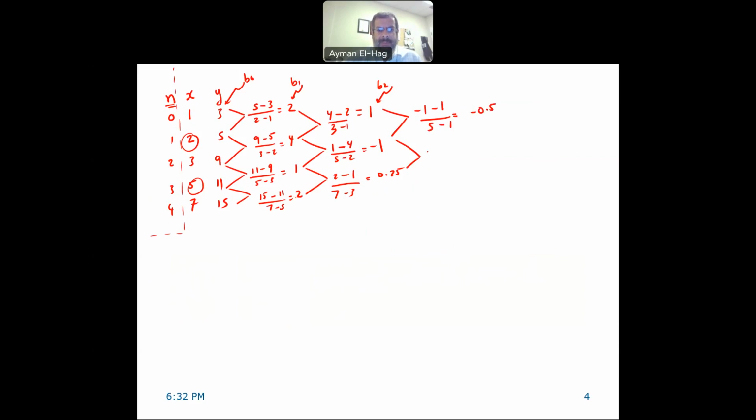And here would be 0.25 minus minus 1 divided by 7 minus 2, which is 0.25 minus 1 here, so it becomes 7 here, and this is minus 3. This will become equal to 1.25 divided by 4.